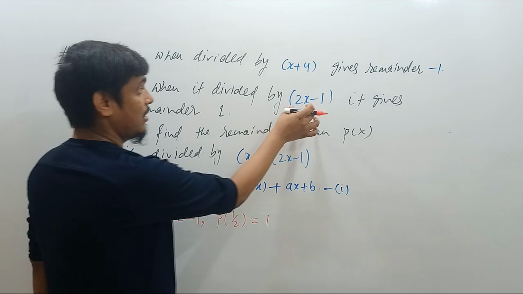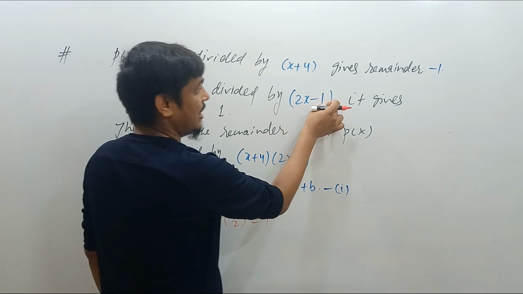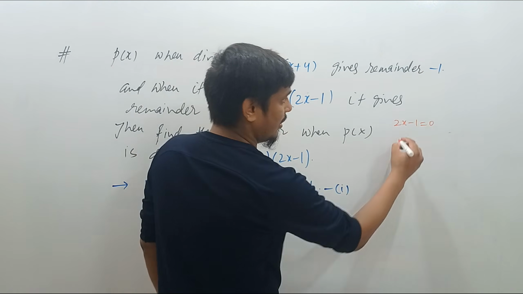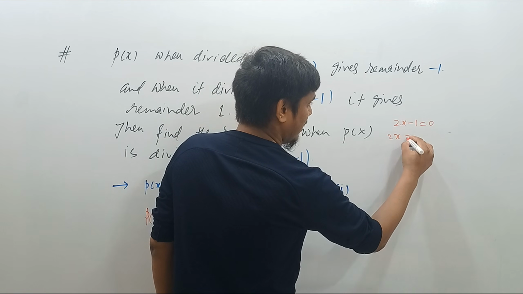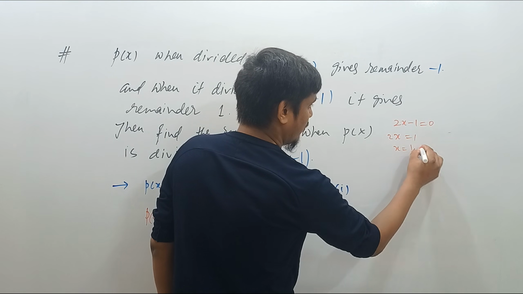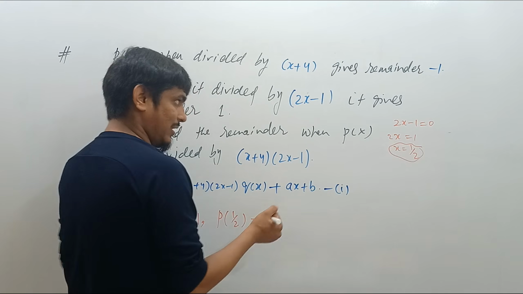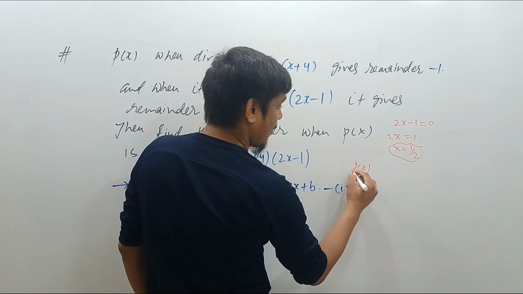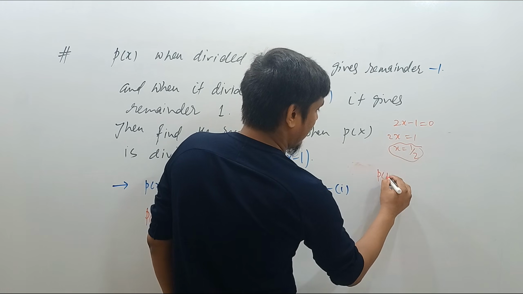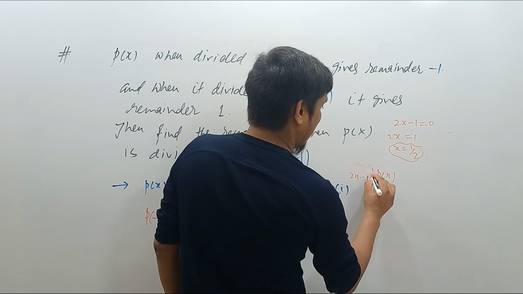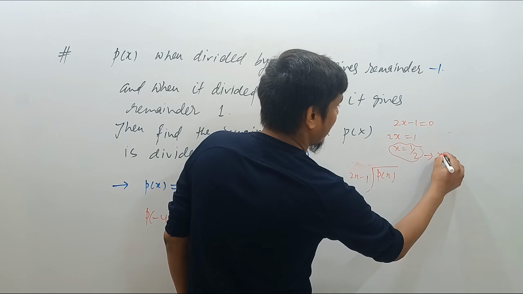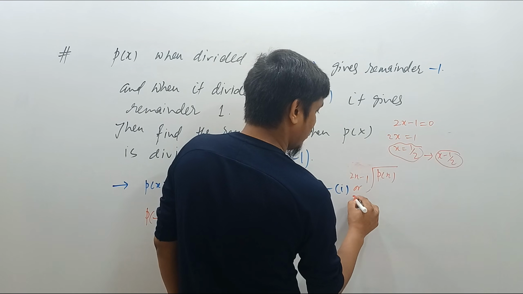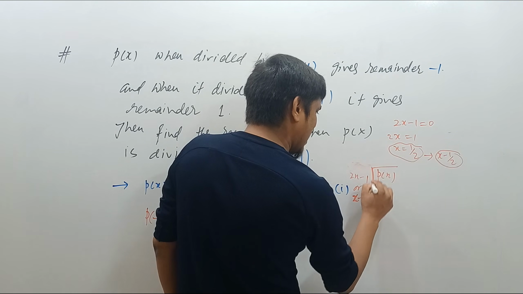You can understand this: when we are dividing p(x) by 2x minus 1, we are finding the value of x by equating it to 0, so 2x is equal to 1, x is equal to 1 by 2. One thing needs to be understood: 2x minus 1 or x minus 1 by 2, both are the same divisor only.